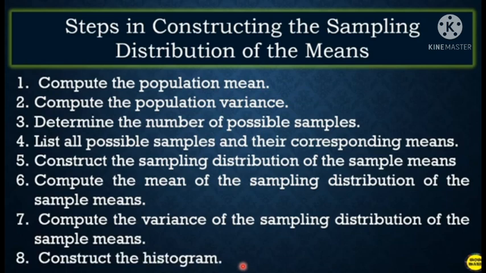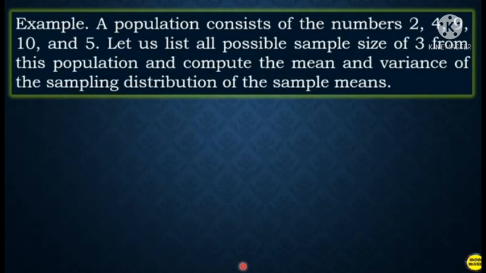So, ibig sabihin, class, itong 8 steps na to ang kailangan natin para makuha natin yung sampling distribution of the sample means. So, for the given problem, ito yung problem na binigay ko doon sa previous video lesson about sampling distribution.